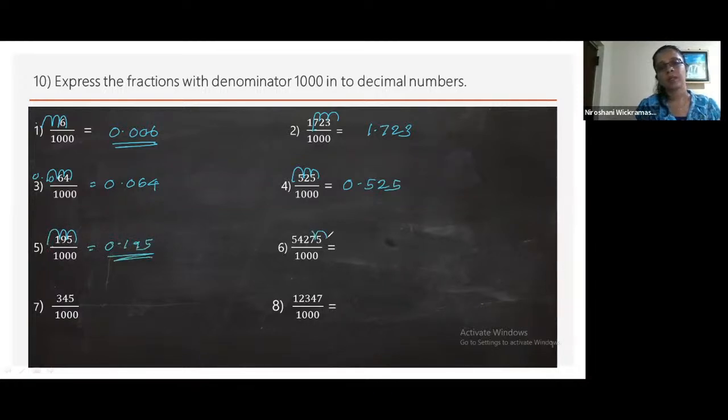Here 3 places back. 54.275. 1, 2, 3. 0.345. 12 point, 3 places back, 12.345. 347.